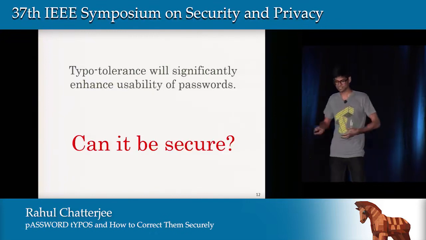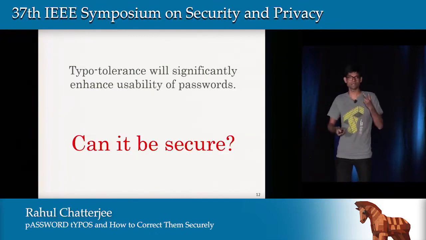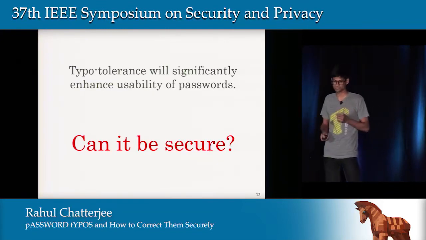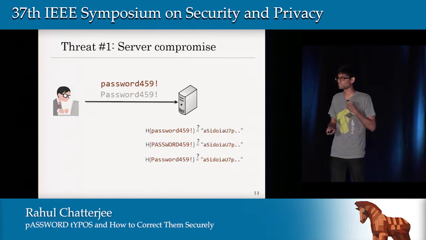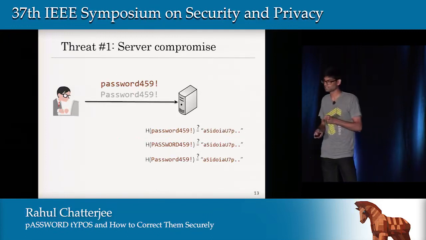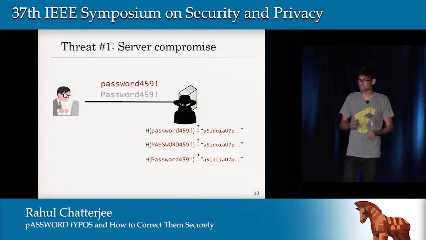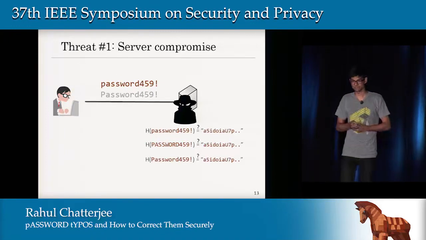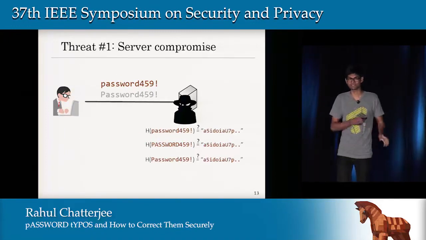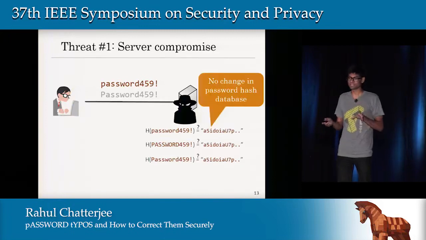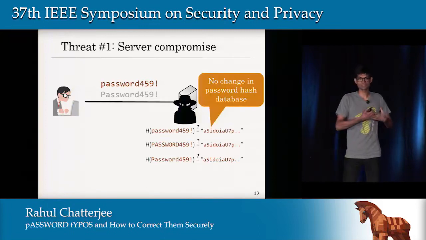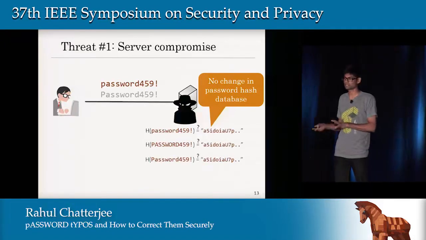So let's see in the traditional way. There are 2 kinds of attack against any password-based authentication system. The first one is server compromise, where the attacker breaks into the server and steals the password hash database. This is also known as a smash and grab attack. Now, I would like to remind you that to make a system typo tolerant, we did not make any changes in the password hash database.